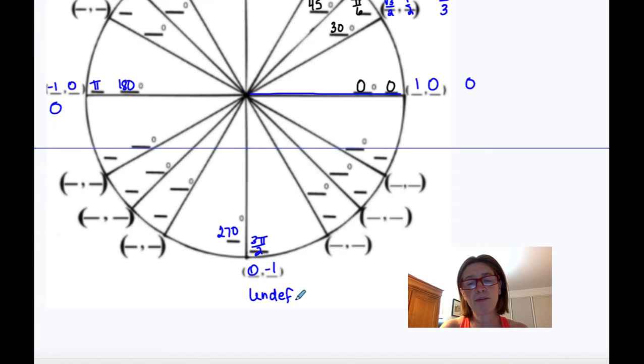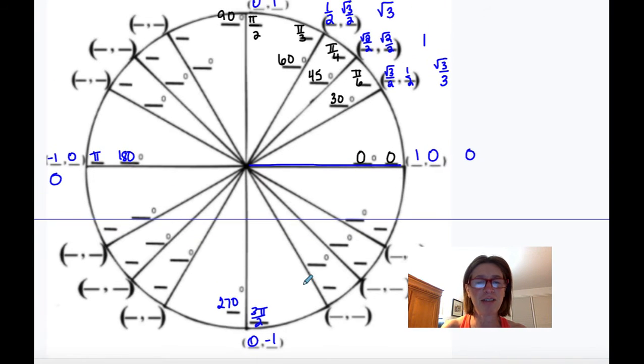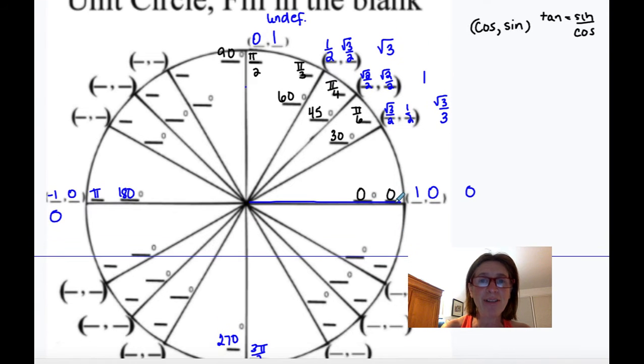A student once reminded me that she always used to say, Coach Red, tangent is undefined on the y-axis. So it helped to remember that these two values, pi over 2 and 3 pi over 2, were where tangent was undefined.